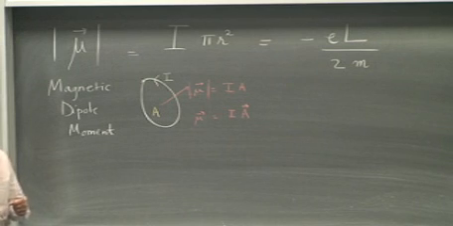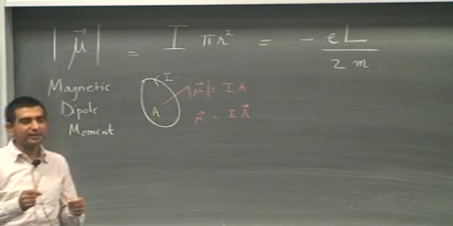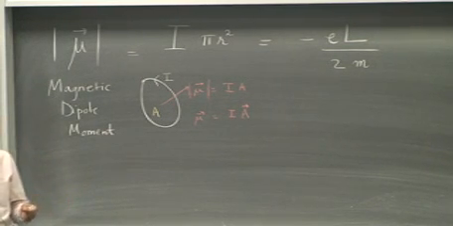You have a circulating current, and that circulating current is just like a small magnet.